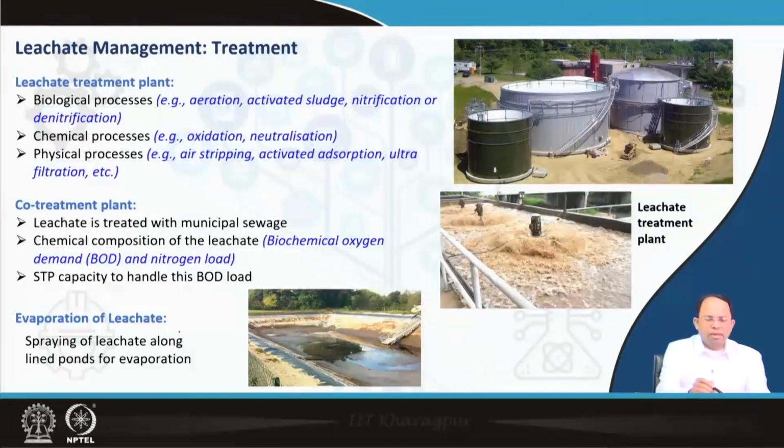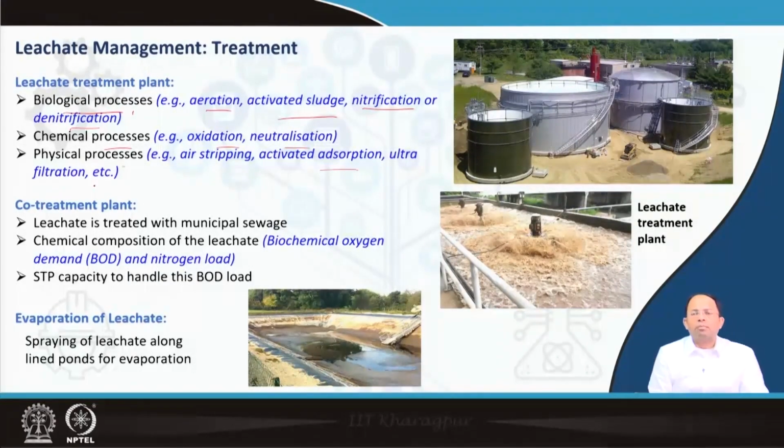Now, in the leachate treatment plant, whether it is locally at the site or done outside, usually we employ biological processes where we use aeration, activated sludge processes similar to water treatment, and nitrification or denitrification, right? Chemical processes like oxidation and neutralization are taken up, or physical processes like air stripping, activated adsorption, and ultrafiltration.